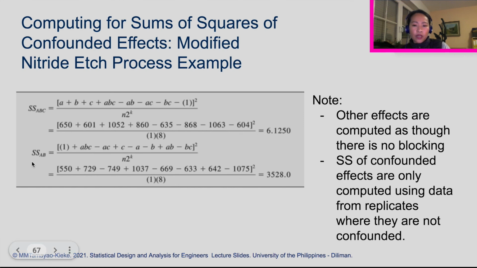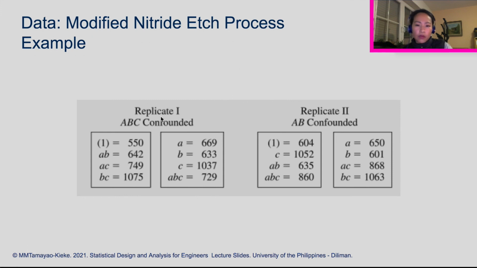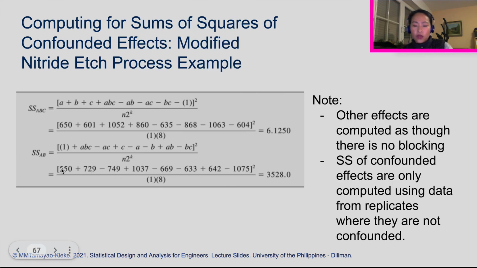And then for the sum of squares of AB, we use this equation and the values from replicate 1, because AB is not confounded in replicate 1, and this would be the set of values. You see these values here, and we get 3,528.